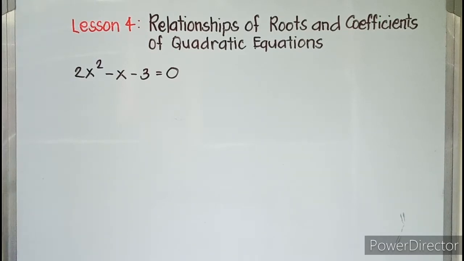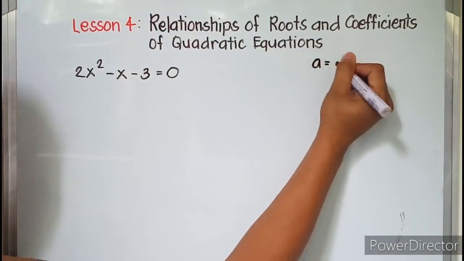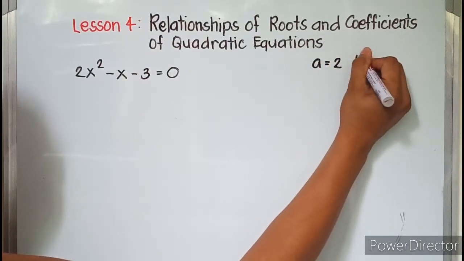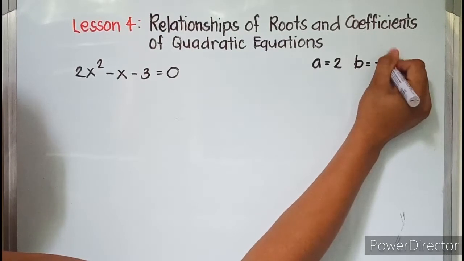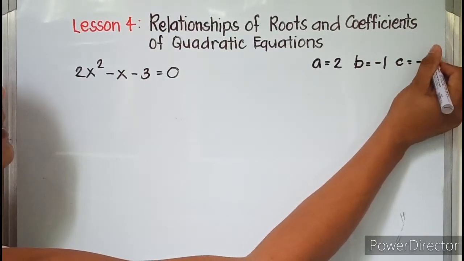I have here 2x squared minus x minus 3 is equal to 0. So our coefficients are, for a, we have 2. For b, we have negative 1. And for c, we have negative 3.